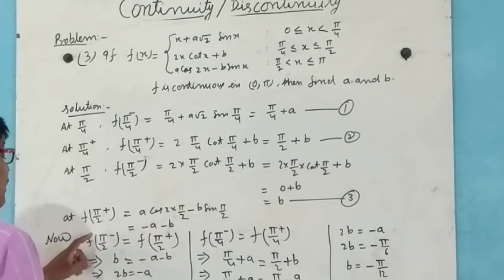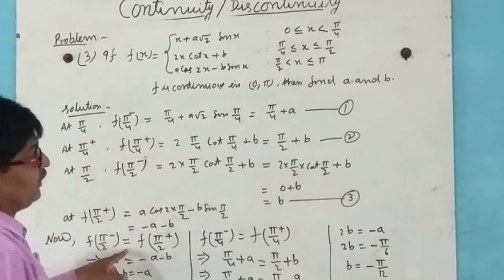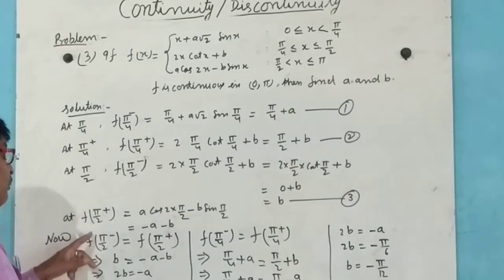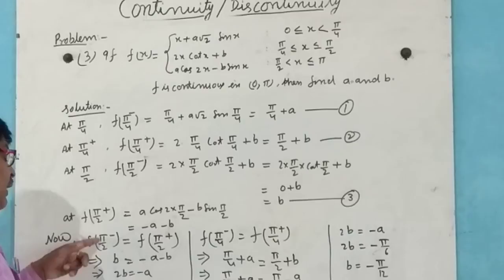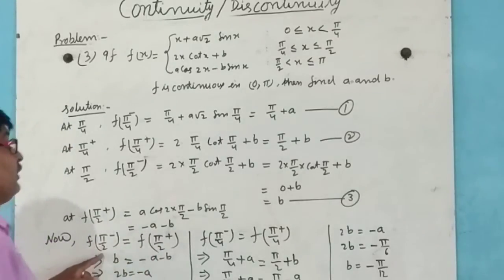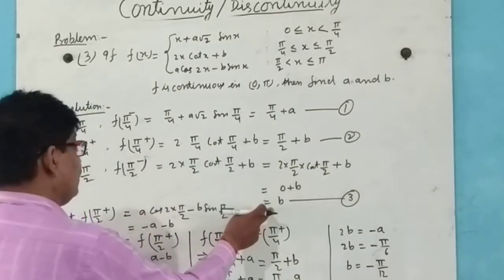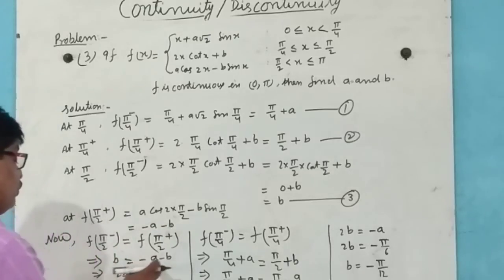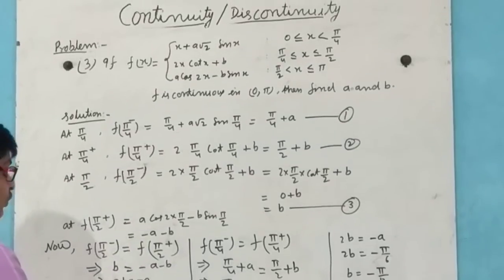Now f of pi by 2 from the left and from the right are both equal because f is continuous on 0 to pi, so b is equal to minus a minus b, so that 2b is equal to minus a.